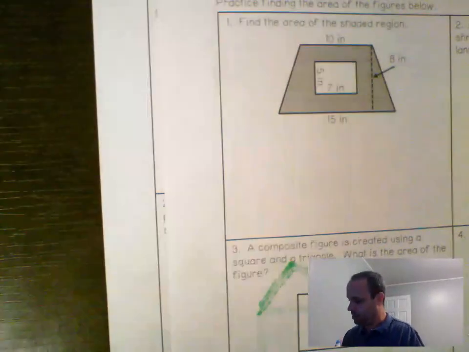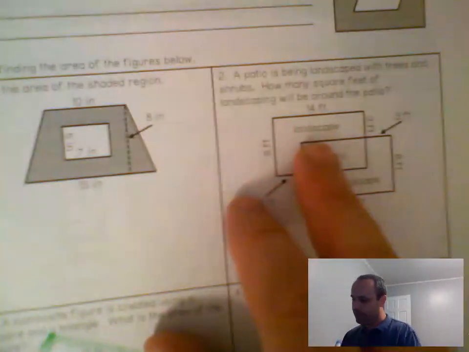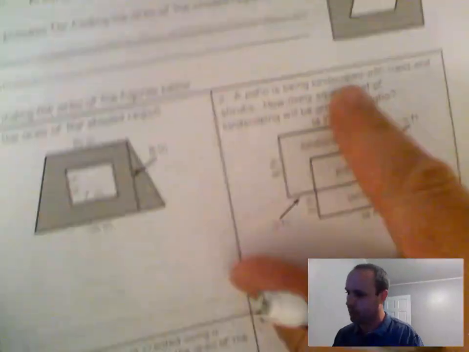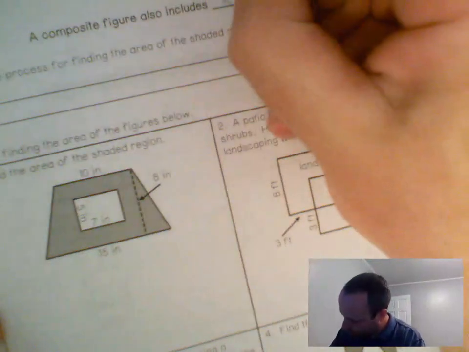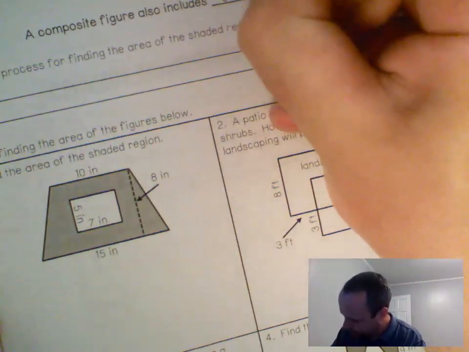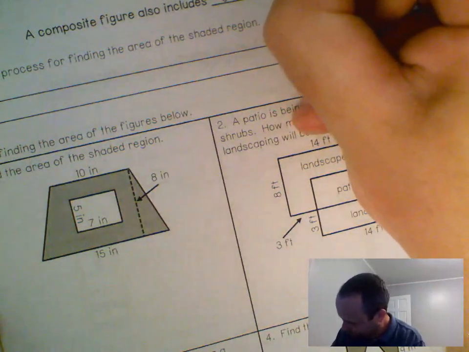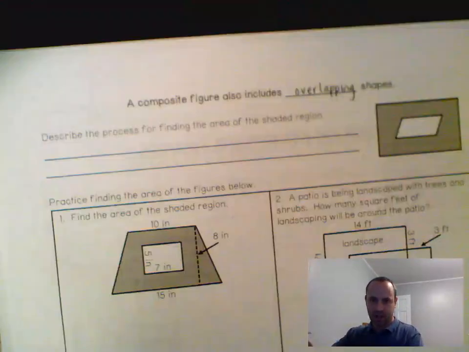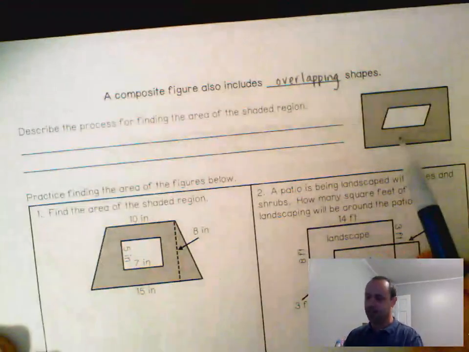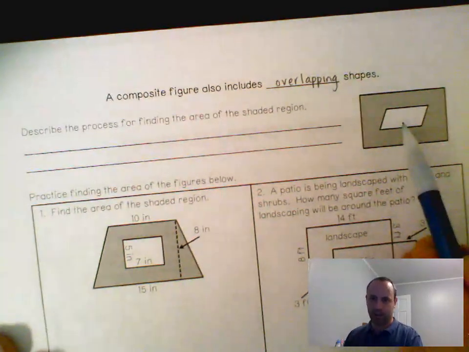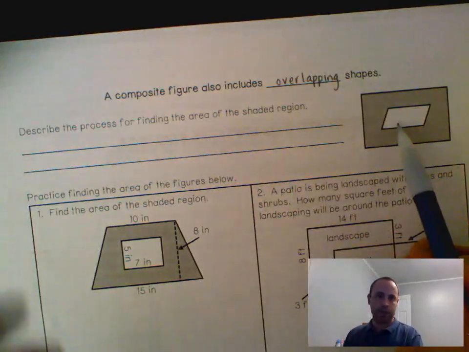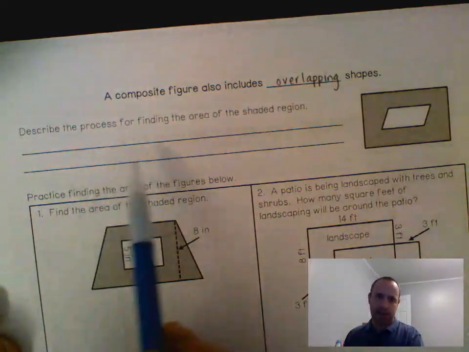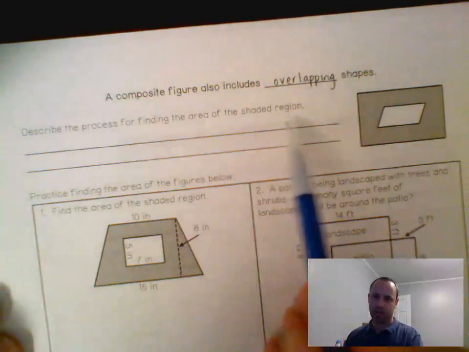90. All right. On the back, a composite figure also includes what we call overlapping shapes. So in this situation, we have a rectangle, which is overlapping a parallelogram. Okay. And they want to know, describe the process for finding the area of the shaded region.